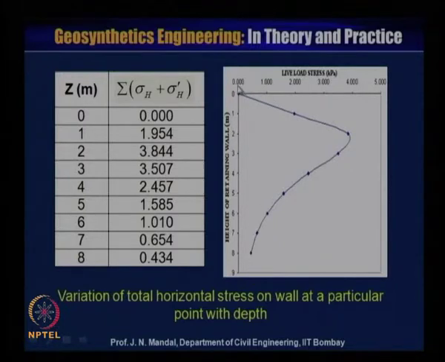You can see it is increasing and it reaches the maximum value and then it is decreasing. That means it can be observed that at the depth of 2 meter, the lateral horizontal stress will be the maximum. So this maximum lateral horizontal pressure is to be considered in the design for the wheel load.